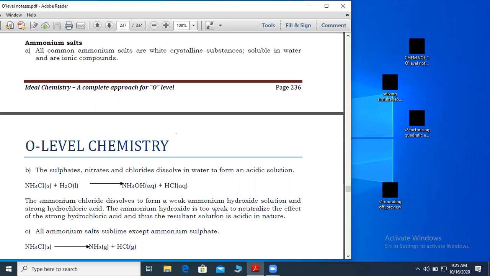The ammonium hydroxide is too weak to neutralize the effect of strong hydrochloric acid, and thus the resultant solution is acidic in nature.